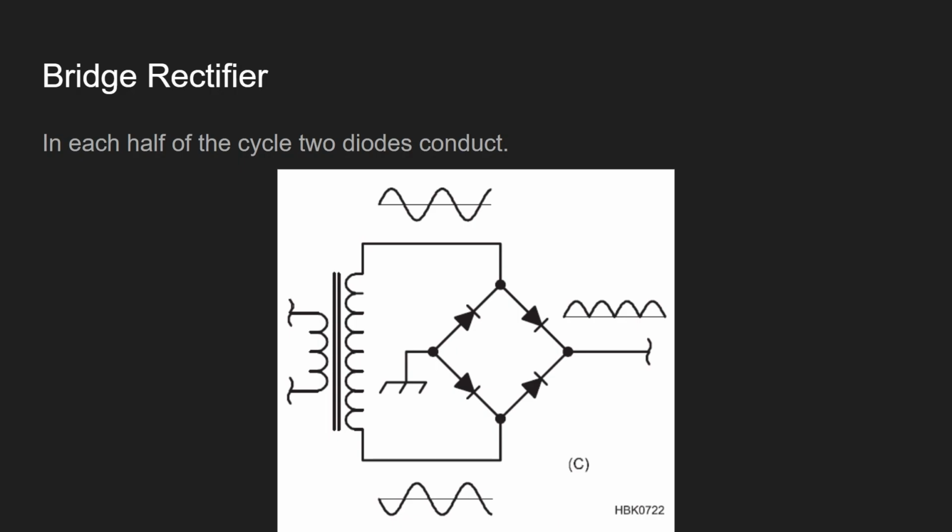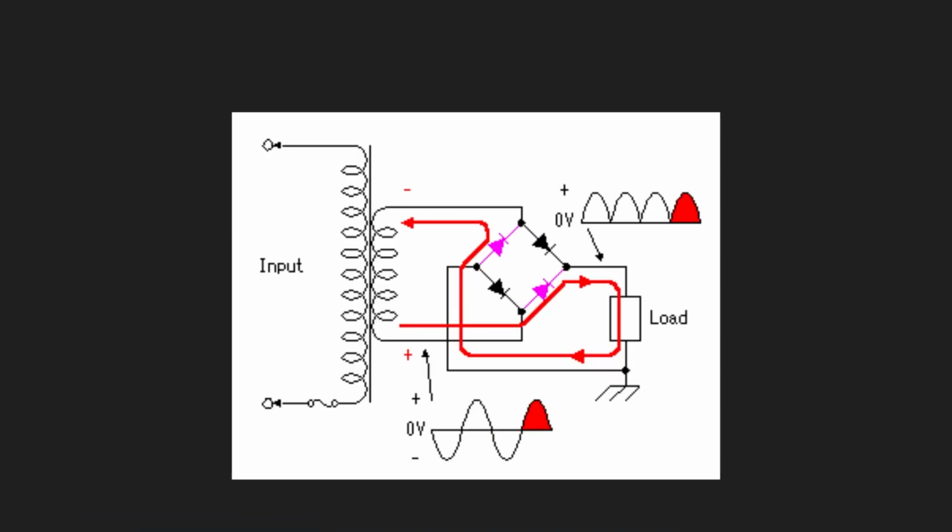This diode and this diode do the cycle. So actually it converts this whole negative part into positive, using diodes. So you see actually the connection flipped at the negative side.